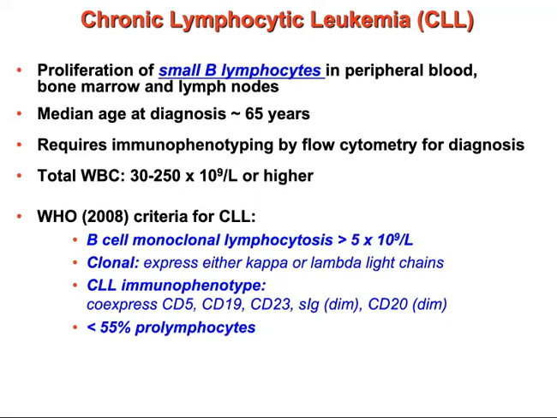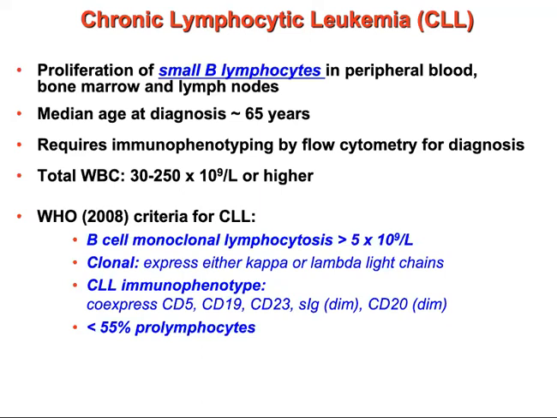One important thing with this type of leukemia is that we must do immunophenotyping to diagnose the patient. We have to see the CD markers on the cell. The white count is pretty high for those patients. It can range between 30,000 and 250,000.